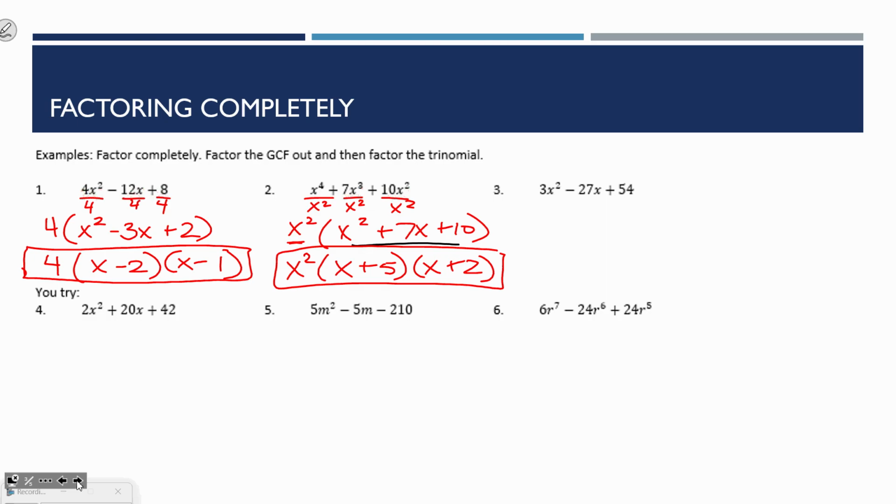Okay, what about number 3? Number 3, I notice again is a quadratic trinomial, but does it have a GCF? It looks like 3 is my greatest common factor. I'm going to divide each term by 3.